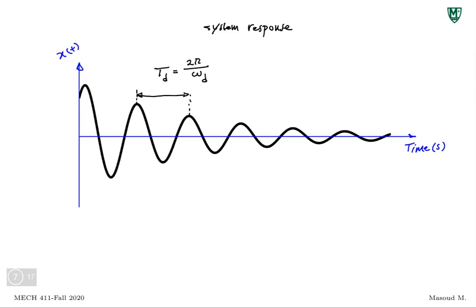Now, can someone tell me, is this T_D smaller or larger than T? Or let's rephrase that. If you have two systems exactly similar, a spring mass system oscillating, and you know its time period. If you add damping to that system, does that time period increase or decrease?